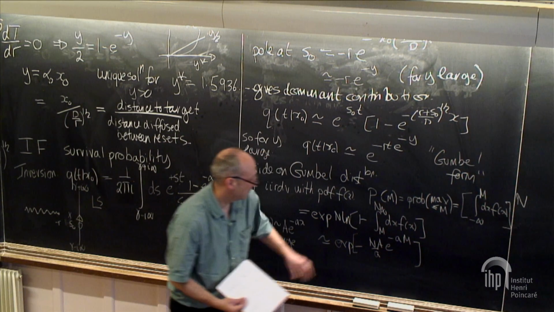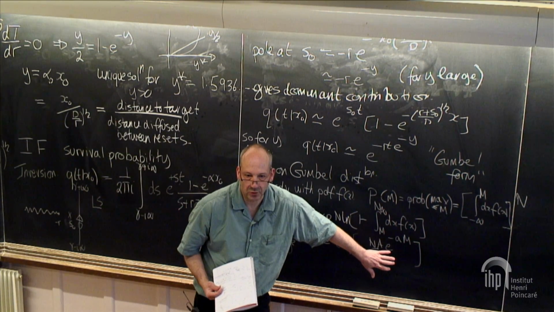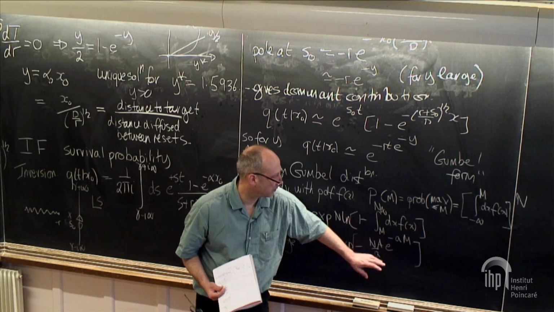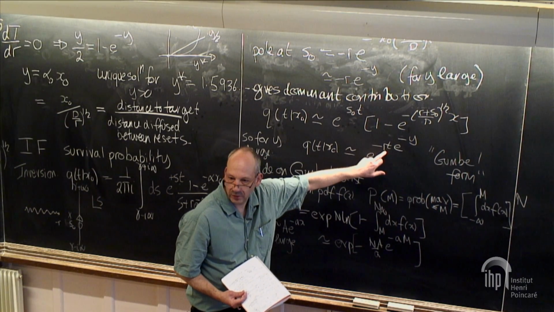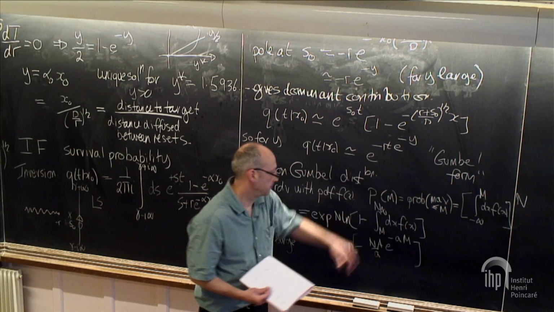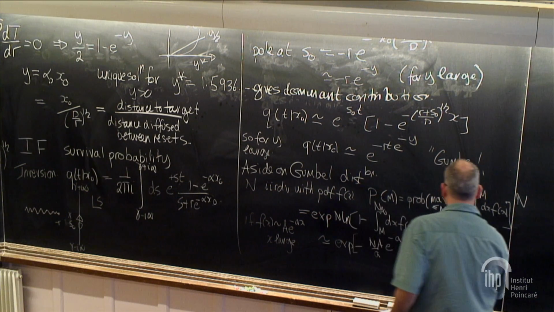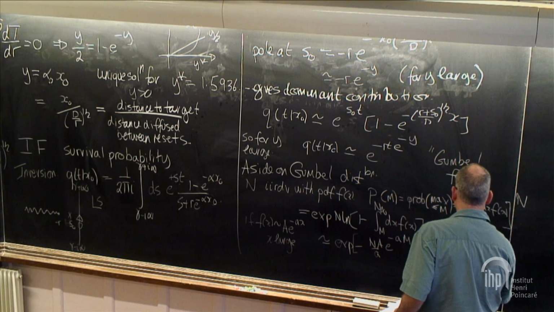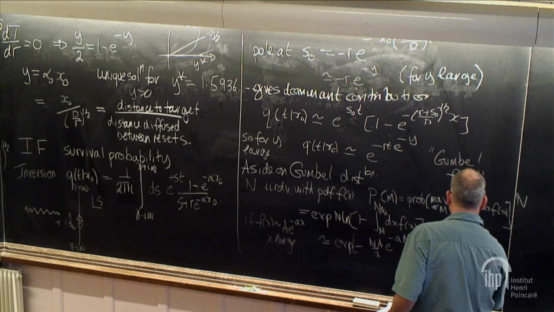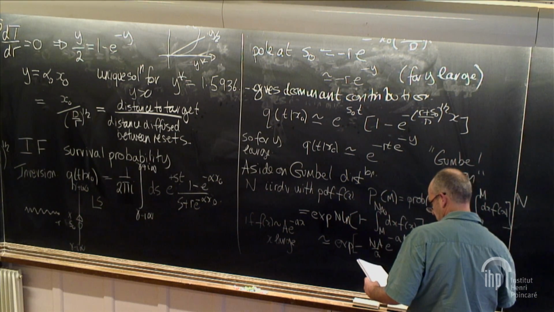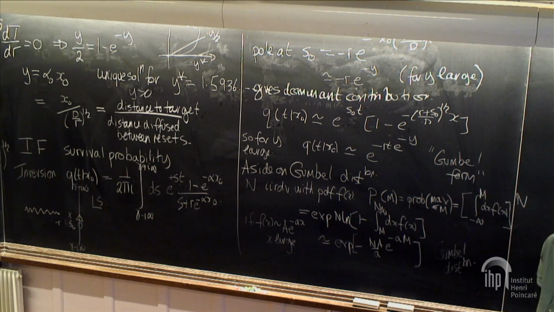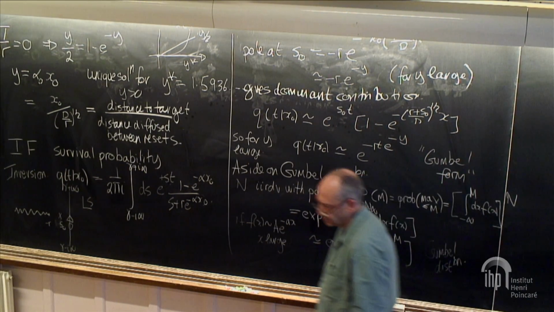And you see, that's the Gumbel distribution, and that's the Gumbel form. And that's precisely the same kind of thing that we've got here. Right, so in the Gaussian, it shouldn't make much difference.